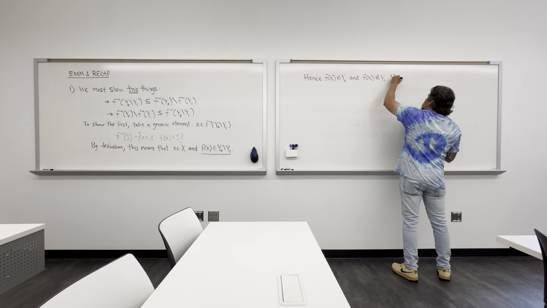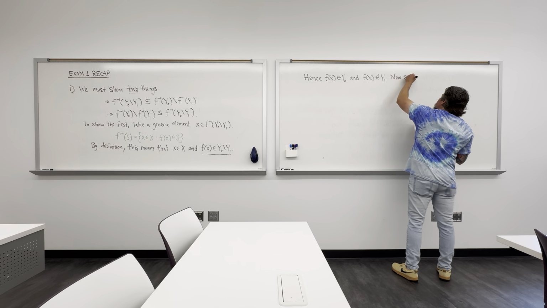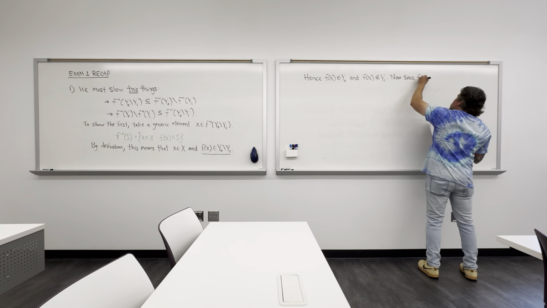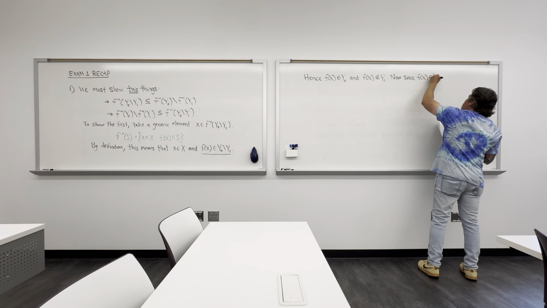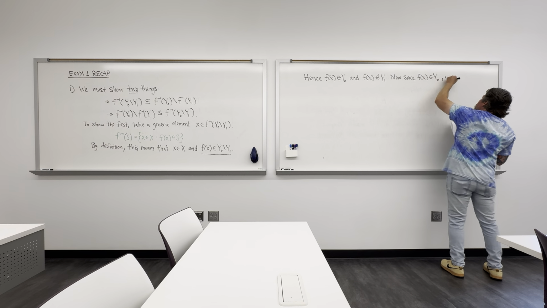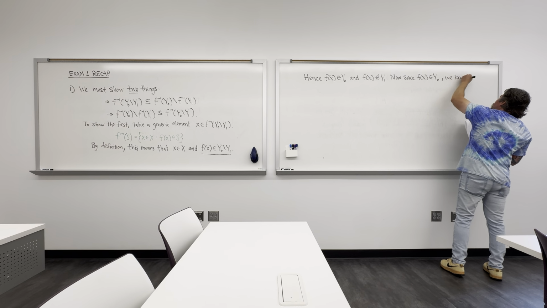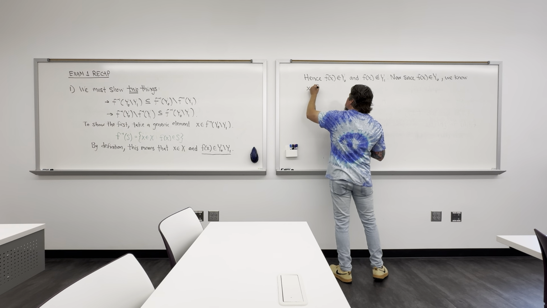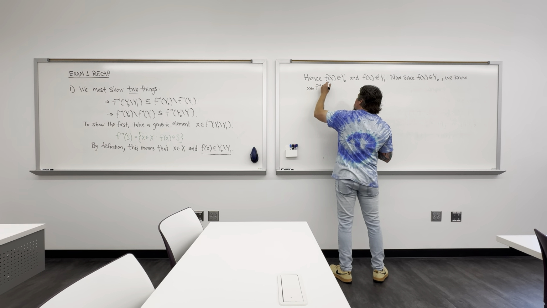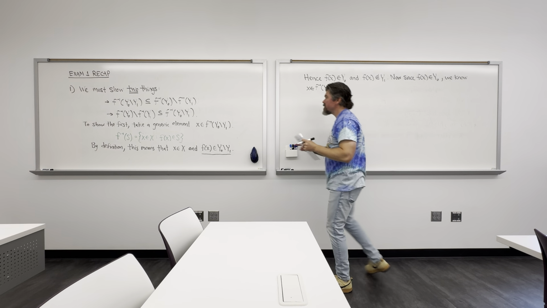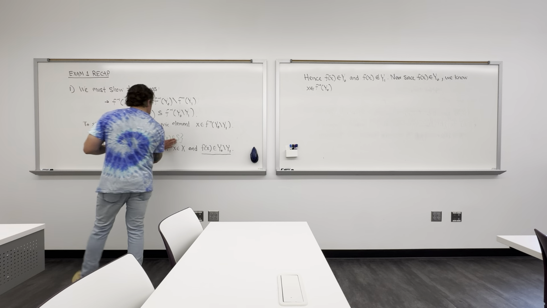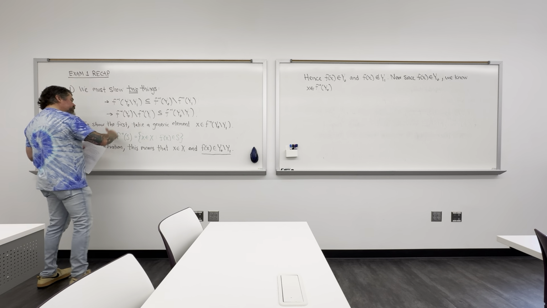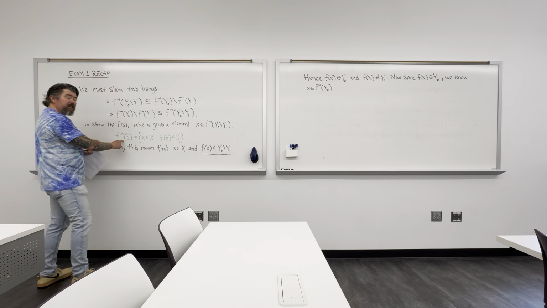Now, since f of x is in Y0, we know x is in the inverse image of Y0, using this definition in reverse. If we're in here, then pushing it back, we're in here, right?